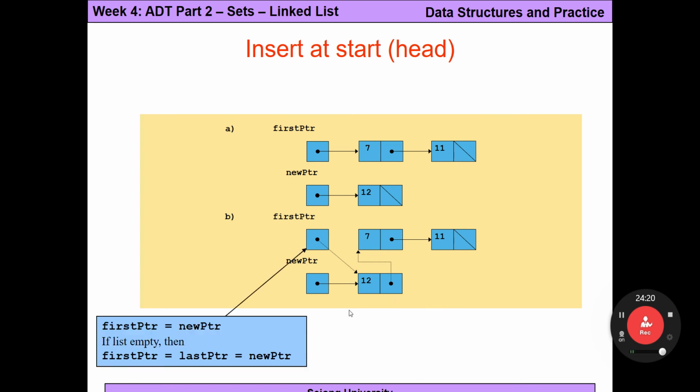Similarly, if I say first pointer equal to new pointer, then this new pointer will be stored in the first pointer, and the first pointer would be pointing towards this value.